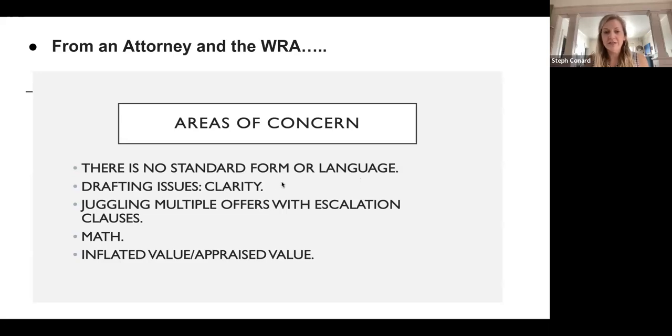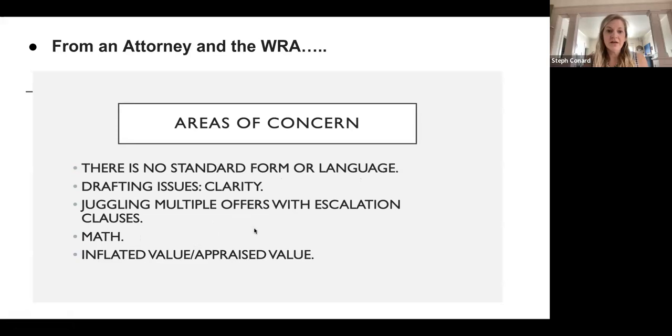Drafting issues, clarity, again, we are past that point now. Juggling multiple offers with escalation clauses and math and inflated values and appraised values. So this is where we're getting into issues now, and these are the remaining areas of concern.